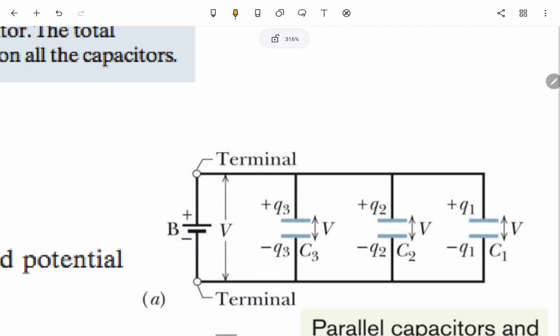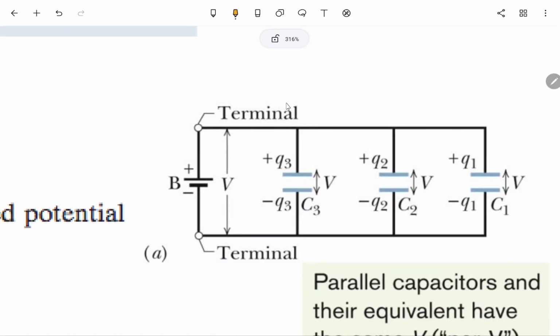Okay, so here we have the circuit diagram. This is the battery, or we may write it as V with plus and minus. Okay, so this is the positive side. This is the negative side. And actually, this is connected to three capacitors.